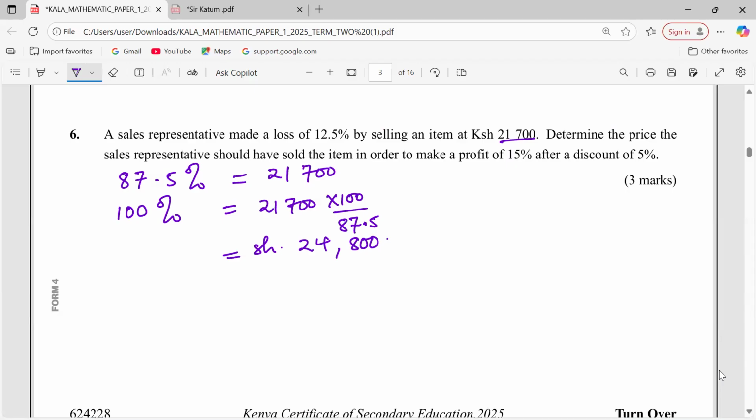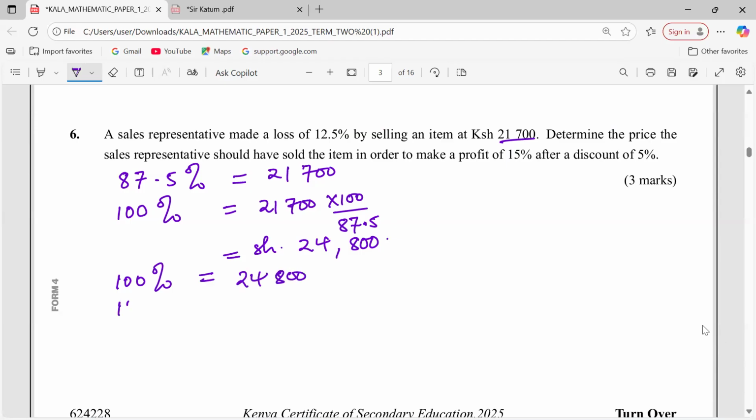Now, this is the amount the salesperson acquired the item with. After selling at a 12.5% loss, he received 21,700. So this is how they bought. Now, they are supposed to have a certain marked price such that they get a 15% profit. So we say 100% is 24,800.